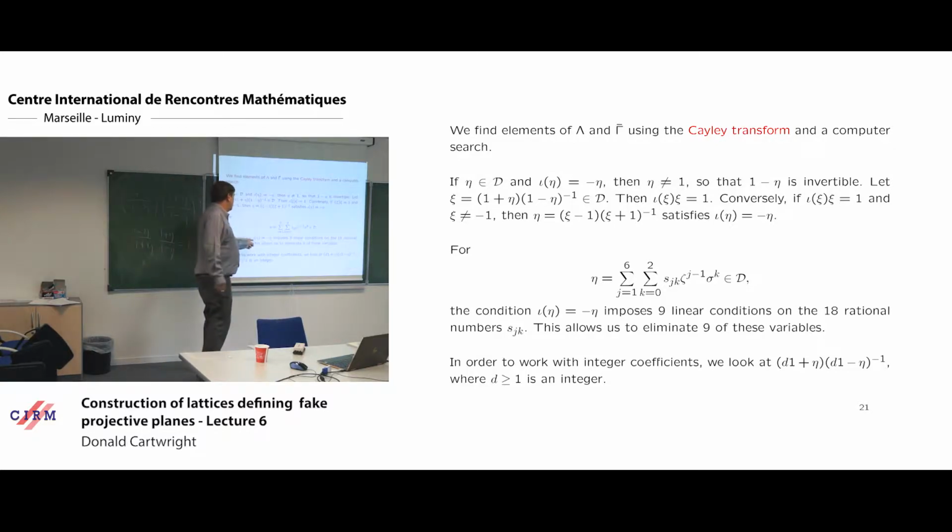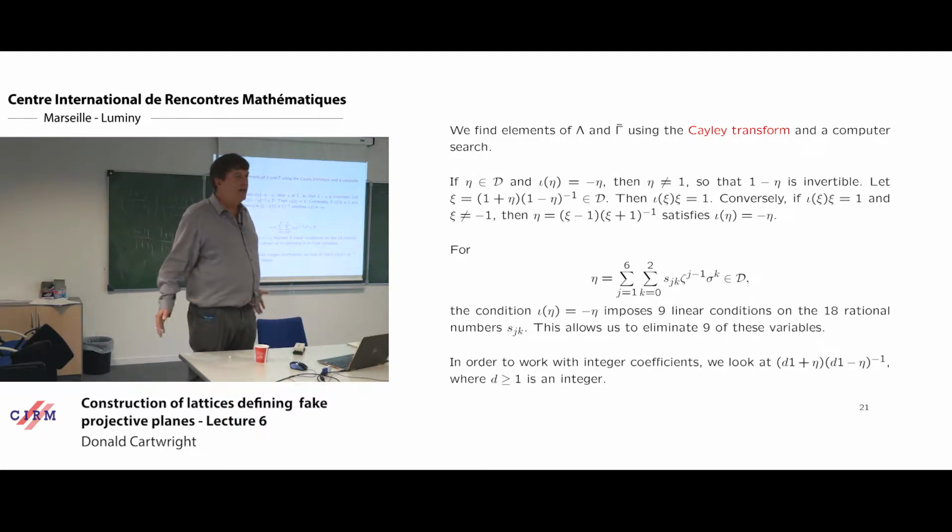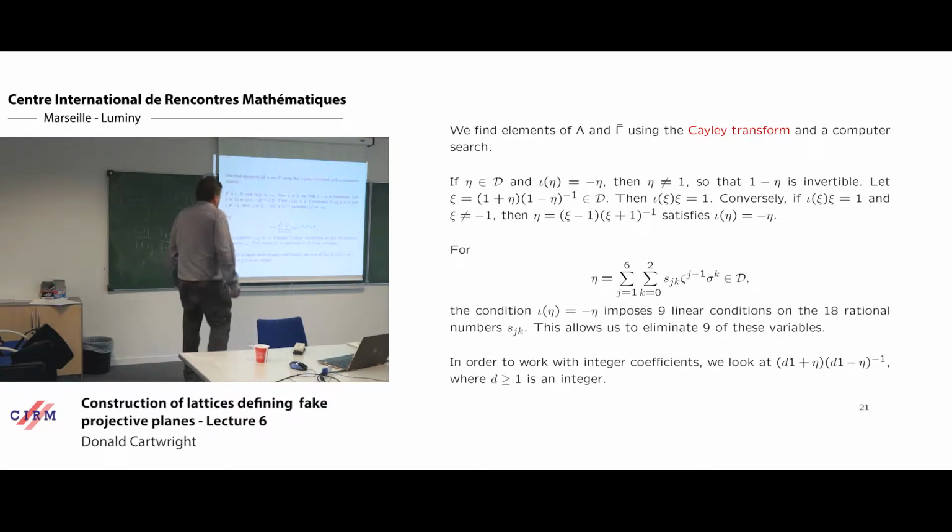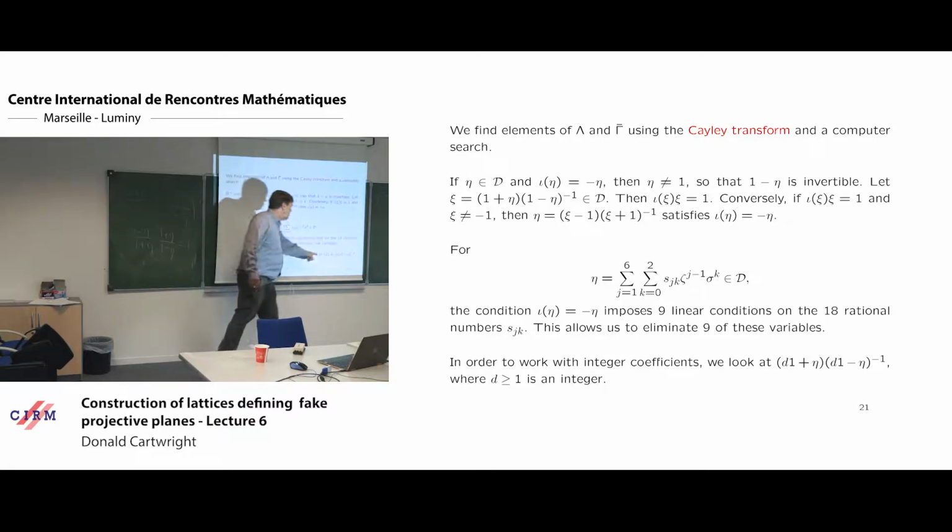So this condition allows you to impose 9 linear conditions on the 18 variables and bring it down from 18 to 9 variables. Okay. Now, they're rational in theory, so to avoid rational numbers, we want to work only with integers, so we just introduce a d here.